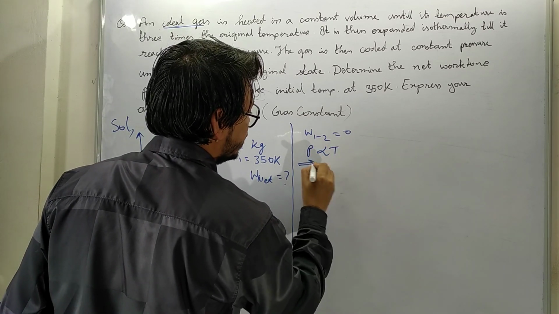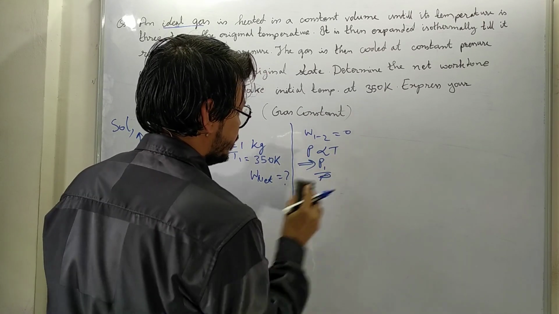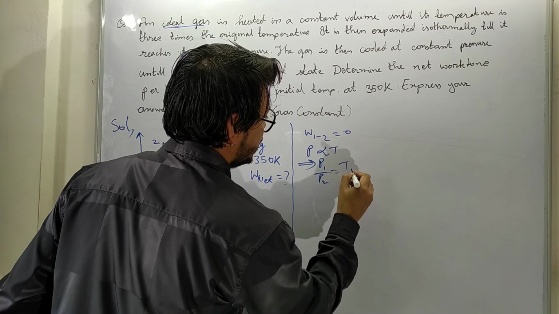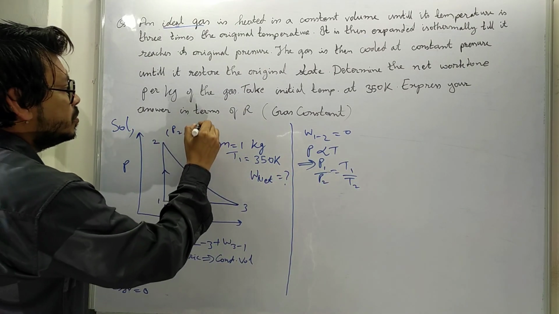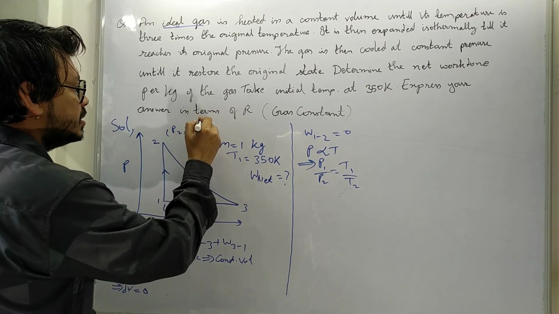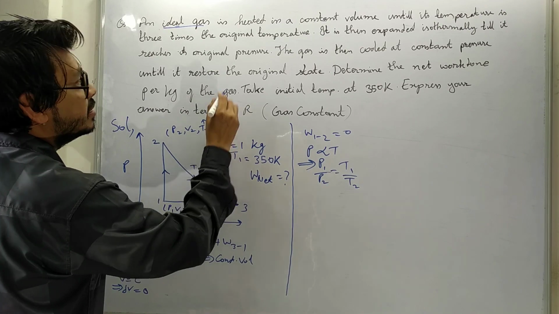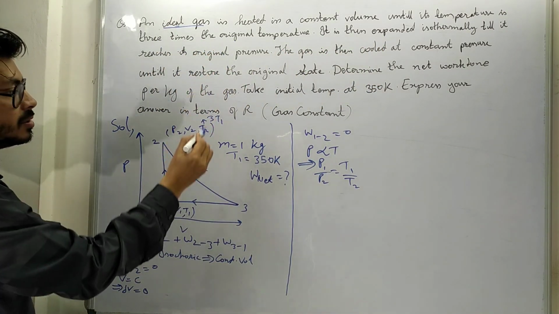We can write P1 by P2 equal to T1 by T2, and it is given that T2 is equal to 3 times T1, because its temperature is 3 times the original temperature.